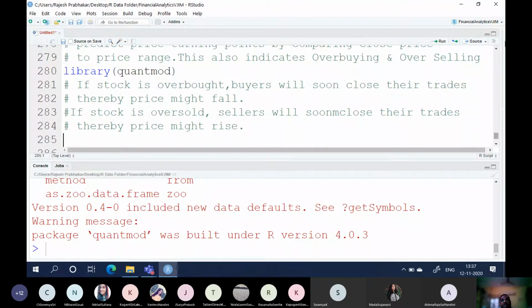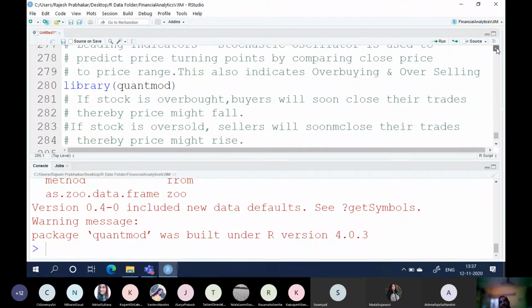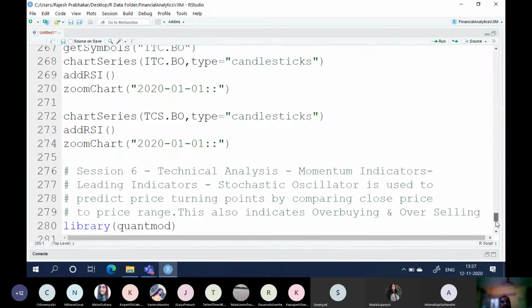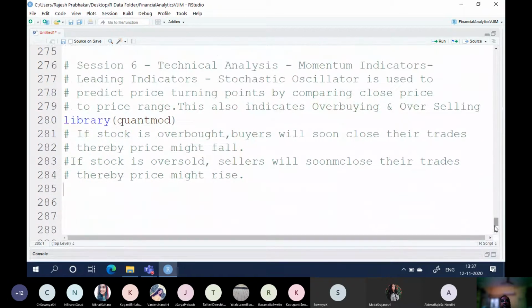So this is the logic behind the stochastic indicator, which is also a momentum indicator.